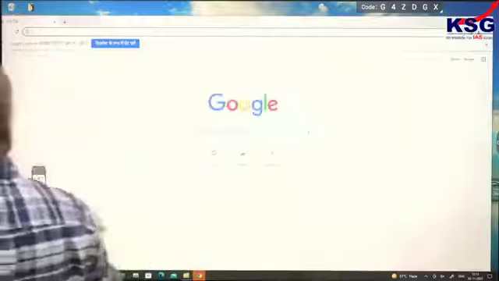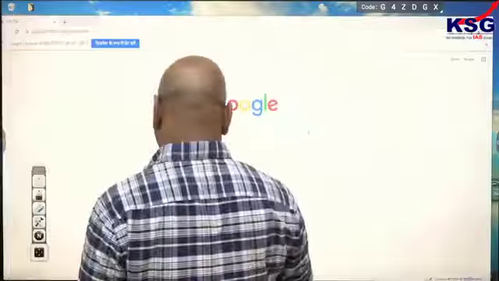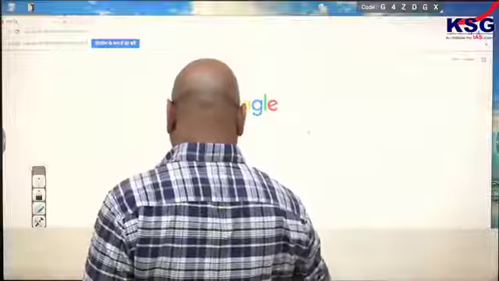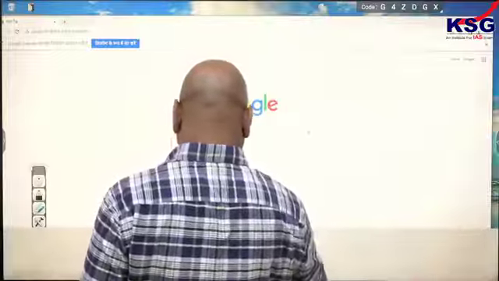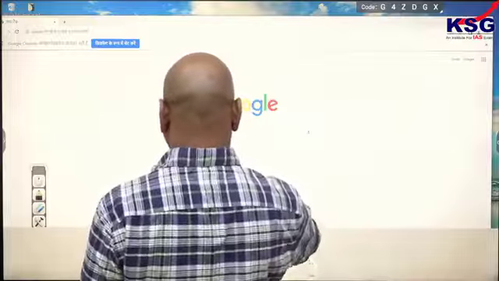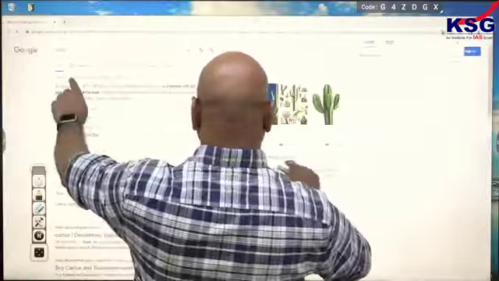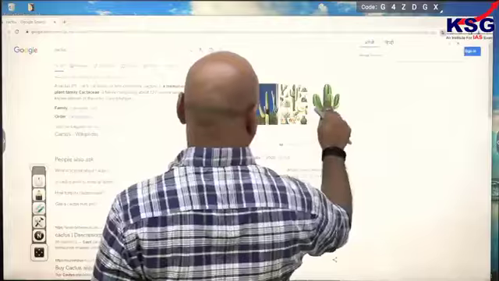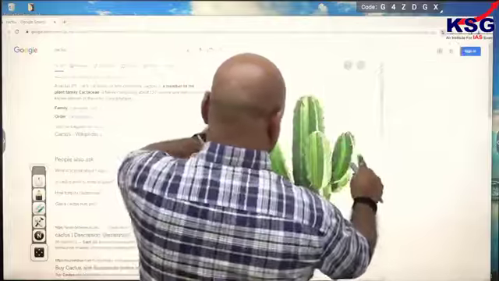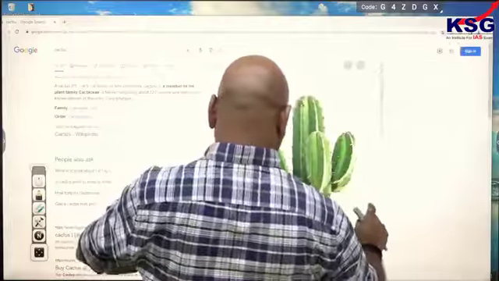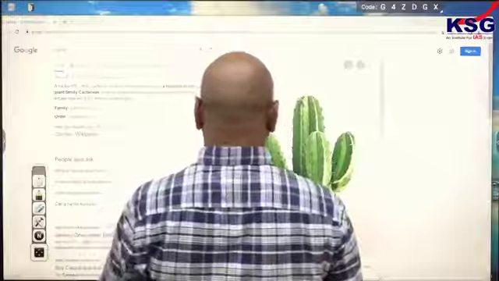Let me show you a cactus vegetation image. This is the cactus plant here.